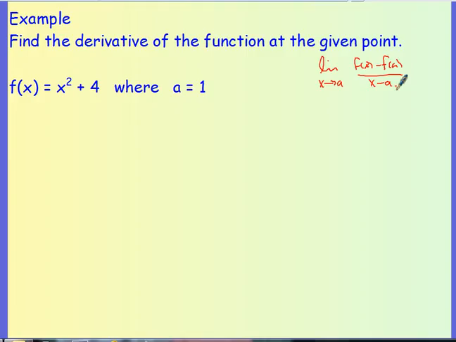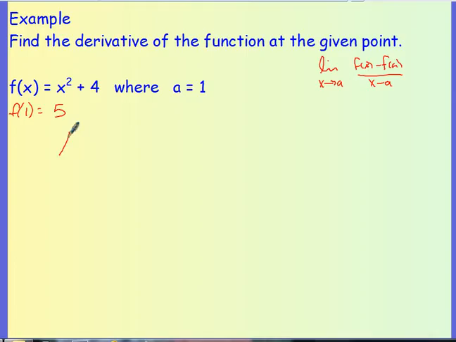So can I do that real quick? Yeah. So what is f of a? So basically f of 1 is equal to 5. Does everybody understand how I got that? Right? Just plug in 1. 1 squared is 1 plus 4 is 5. We're good? Okay? So then here's what I have.